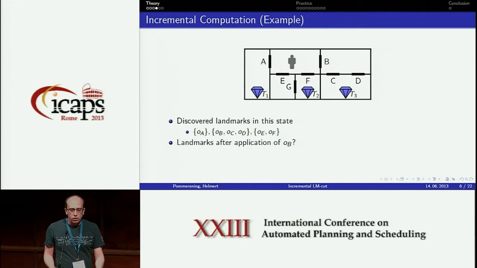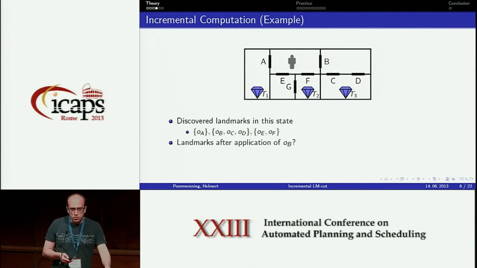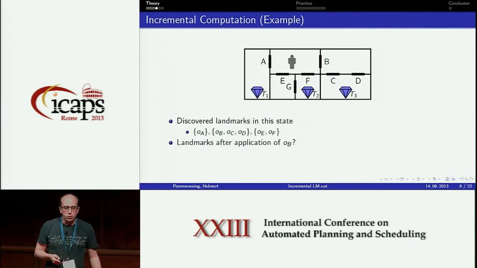So what I want to talk about is the incremental computation of this heuristic, and this is based on the idea that if we apply an operator and reach a new state, we don't have to recompute every landmark. Assume that these are the landmarks discovered by the LM-cut algorithm. Now consider what happens if we open door B. The first landmark says that in every plan we need to open door A. If we open door B, we are in a different state, but we still haven't opened door A, so this remains a landmark.